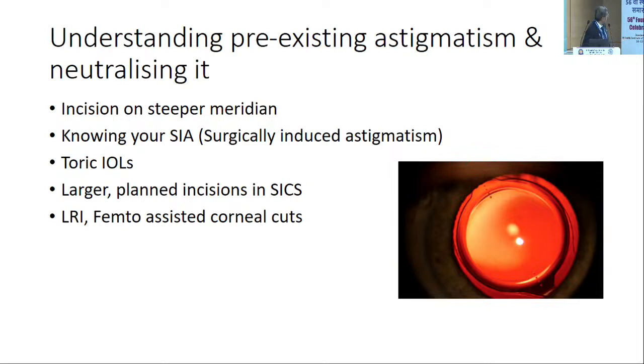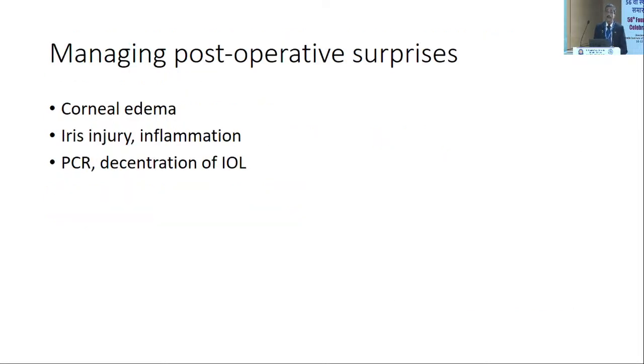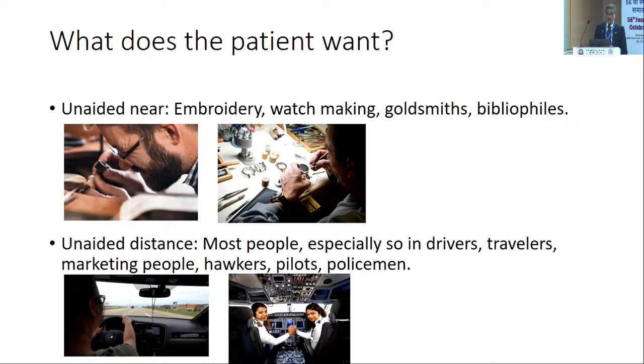Nowadays, we have toric IOLs, but even larger planned incisions in SICS can help. And there are, of course, limbal relaxing incisions, femto-assisted corneal cuts. There is so much that we can choose from. And it's not just pre-op and intra-op. We also have to look at the post-op surprises: edema, iris injury, inflammation, PCRs, decentration of IOLs.